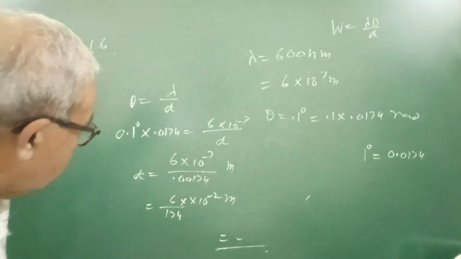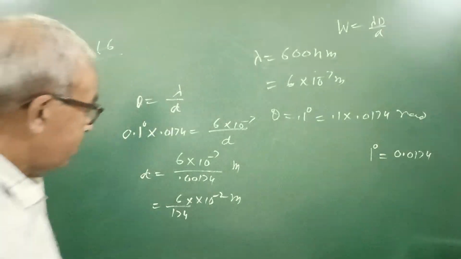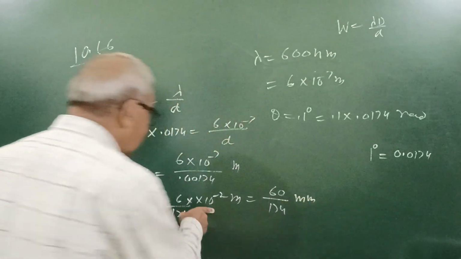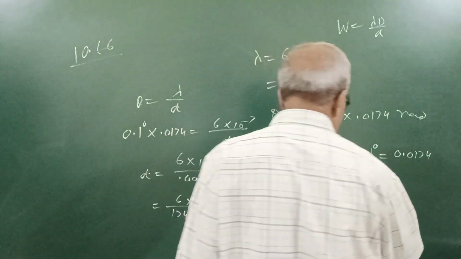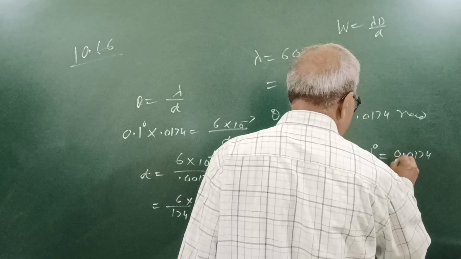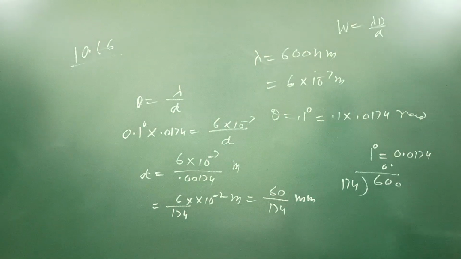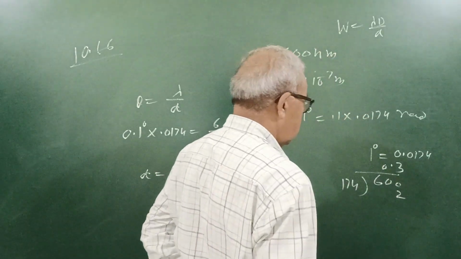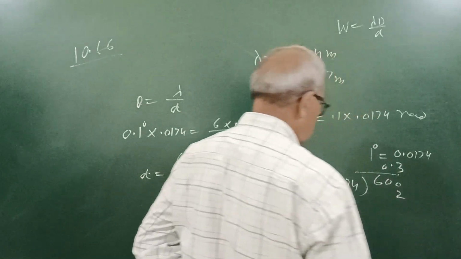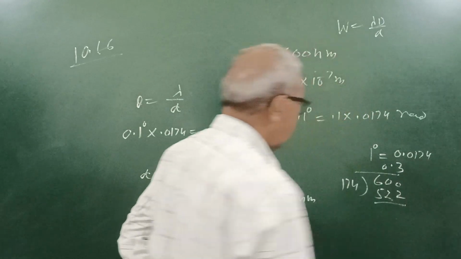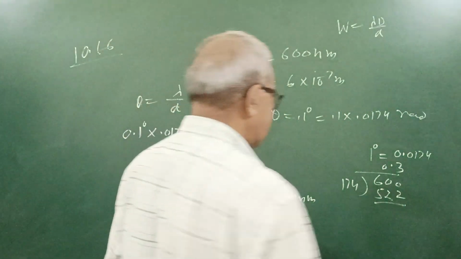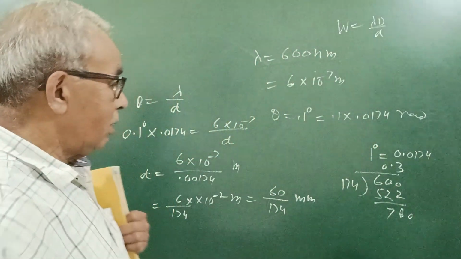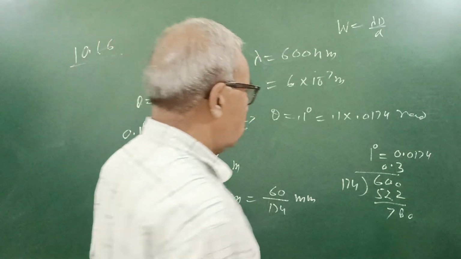How many millimeter? 60/174 millimeter, because you will multiply 1000. तो 10 हो जाएगा और 60 डिवाइड बाय 174, 0 टाइम पॉइंट लगा 0, 17 3 जा 51, 17 4 जा 68, 17 5 जा 85, 0.34.